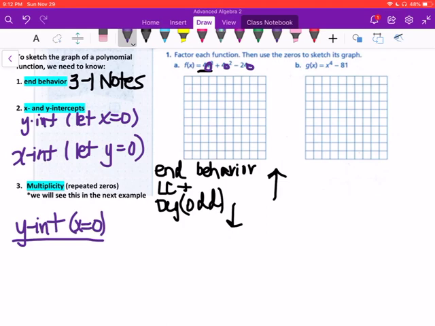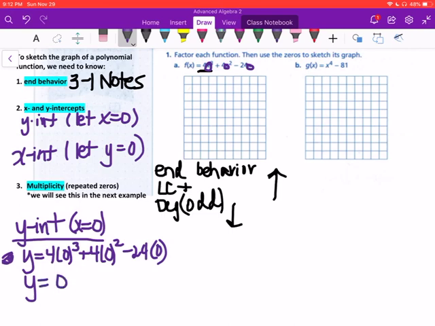So y, which is what we're saying f of x is, equals 4 times 0 cubed plus 4 times 0 squared minus 24 times 0. Well, 4 times 0 is 0, plus 4 times 0 is another 0, minus 24 times 0 is 0. So my y-intercept is at 0, 0.